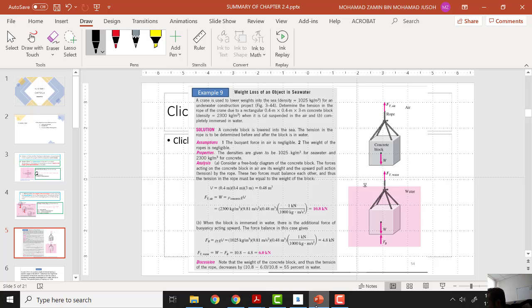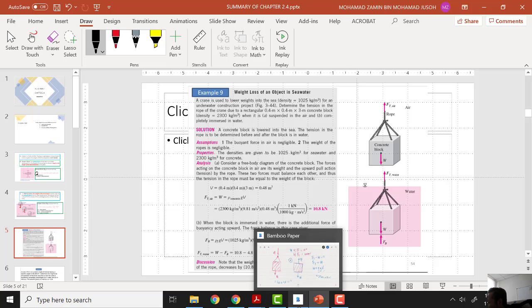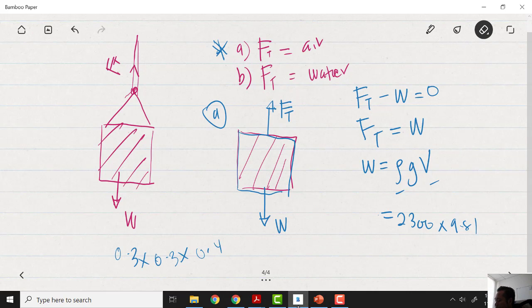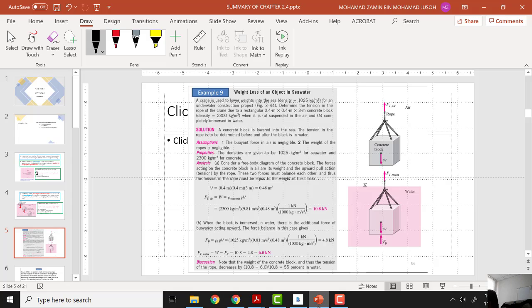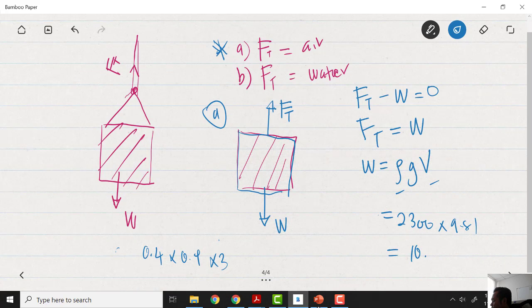Sorry, 0.4 times 0.4 times 3 meter. So if you calculate, we got the answer, 10.8 kilonewton. This is when it's suspended in air.